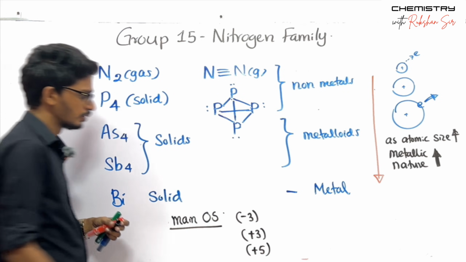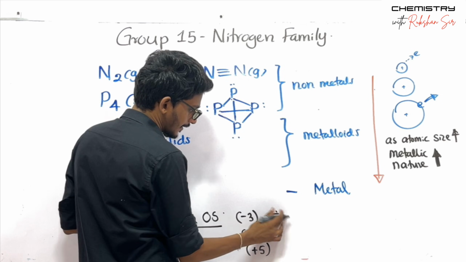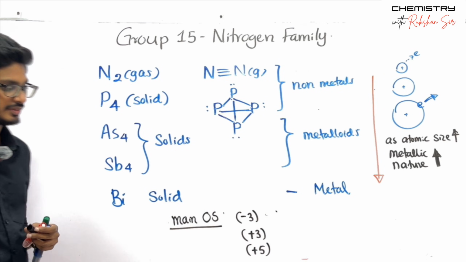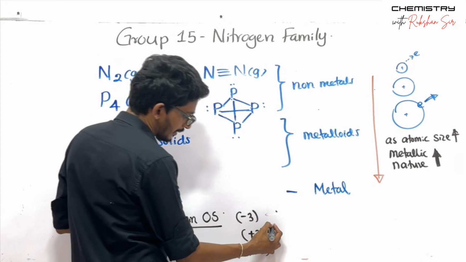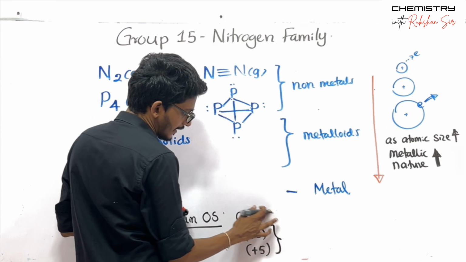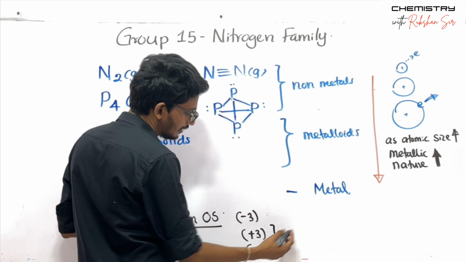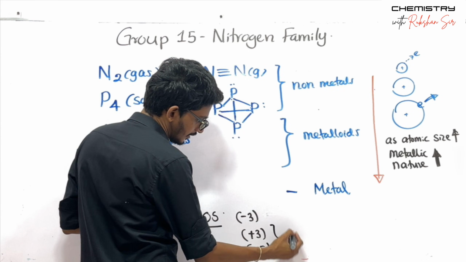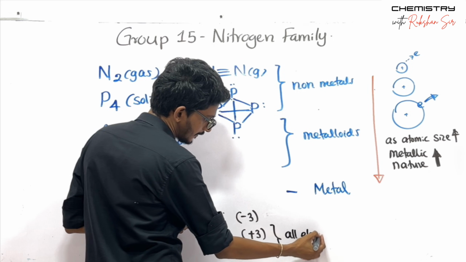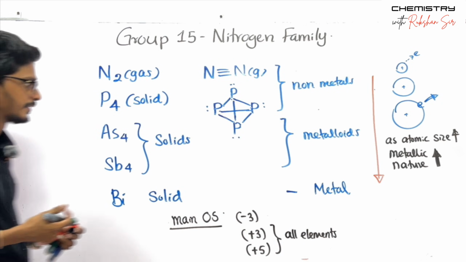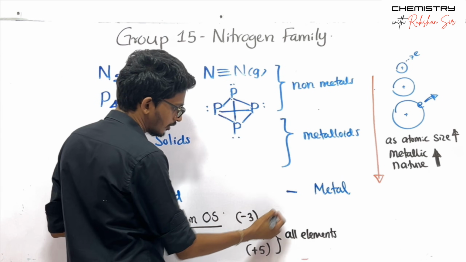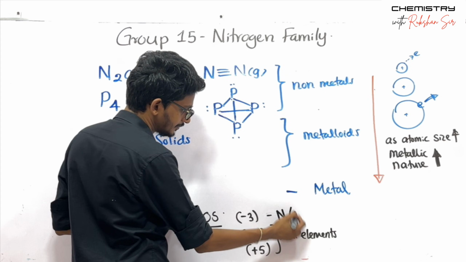So basically, the +3 and +5 will appear with all the elements, and the -3 is appearing only with nitrogen and phosphorus.